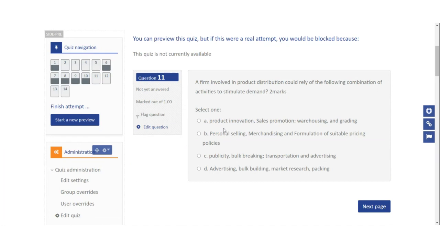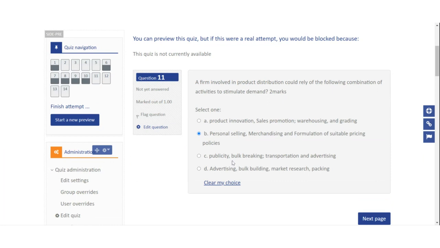One is personal selling, merchandising and formulation of suitable pricing. Product innovation is for product development, sales promotion, warehousing, and grading. These are mostly for storage and warehousing activities.